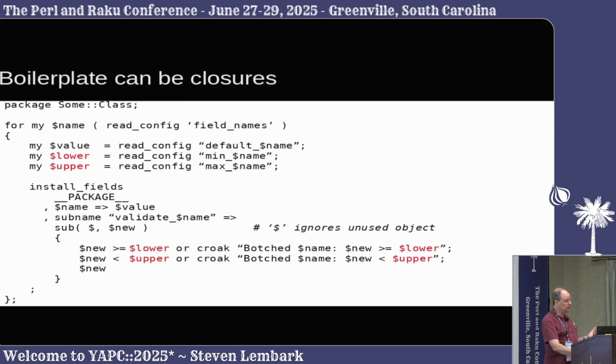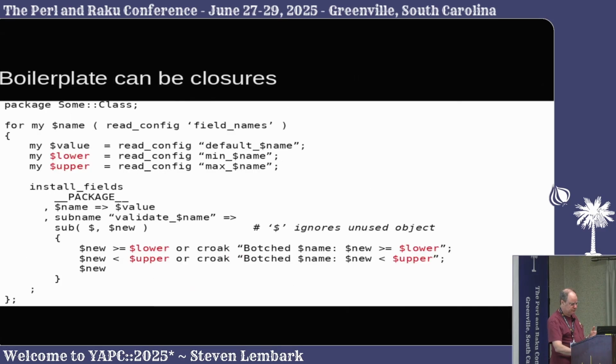So for example, I could read a configuration of my field names, and this might come from a database, it might come from a YAML file, whatever. I've got a value, an upper and a lower, and something whose entire purpose is just validating ranges of things. These might be dates, these might be numbers, whatever they are.